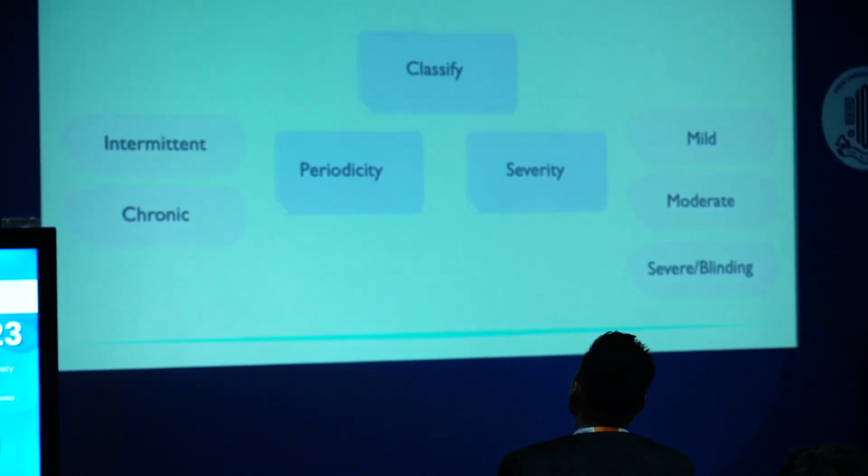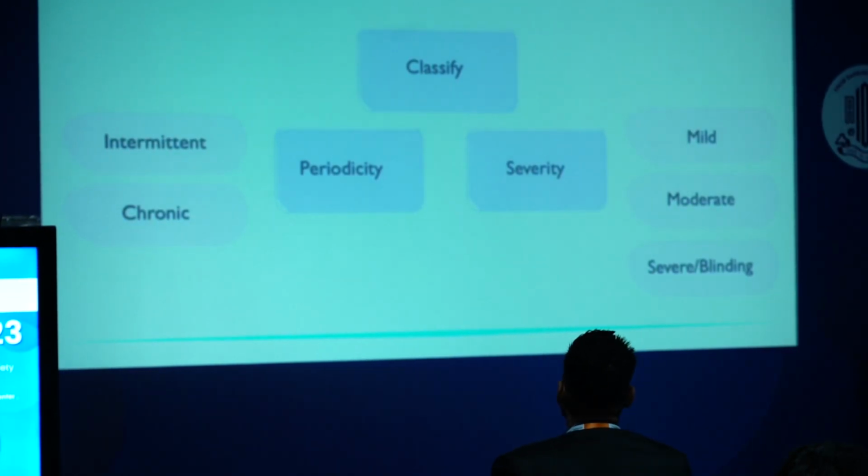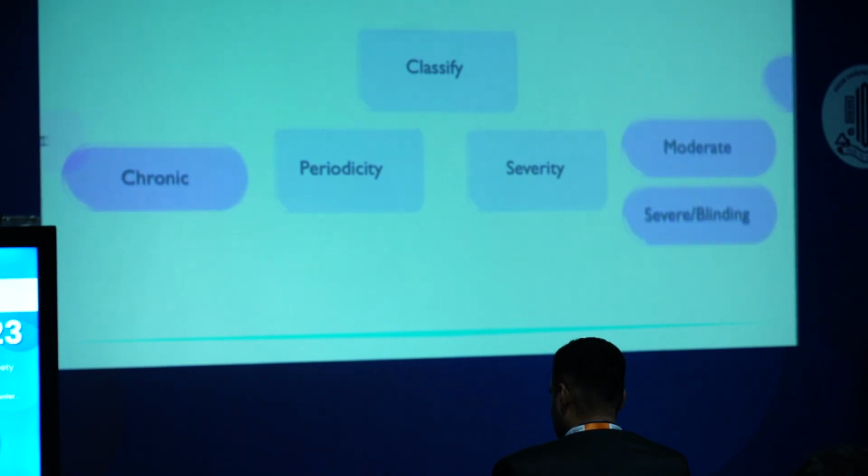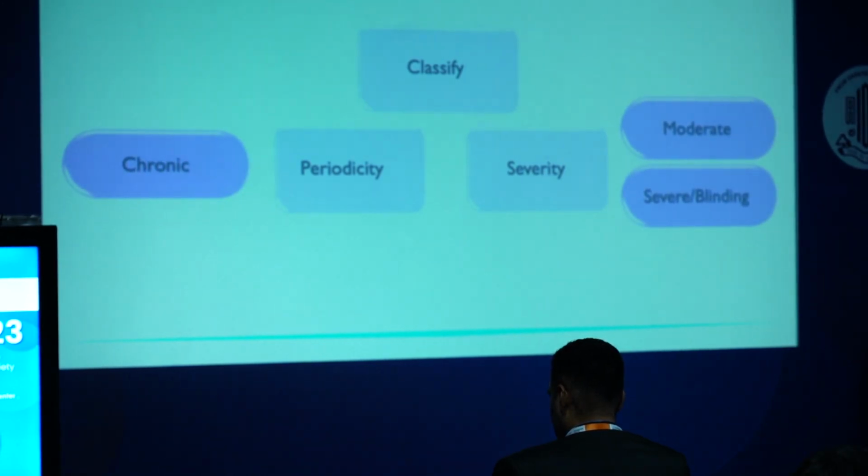So there are several classification systems in literature which help us classify these patients, and correctly categorizing them is very important. So over the course of my talk, I will be focusing on the chronic form of ocular allergy, which is defined as allergy which relapses within a month of stopping medical therapy.